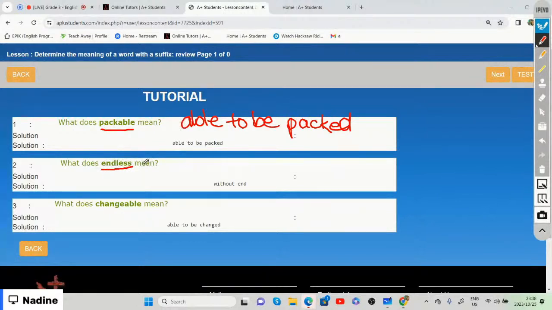If we look at the word endless, we said the word less means without. So if something is endless, then it means that it is without end. So we even say that space is endless, right? So space has no end.